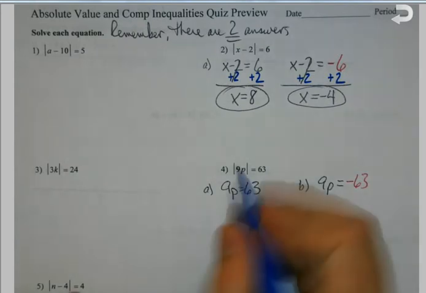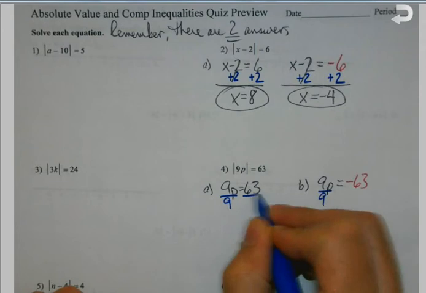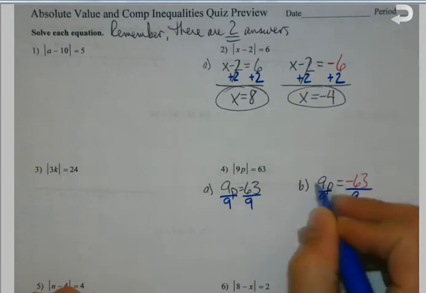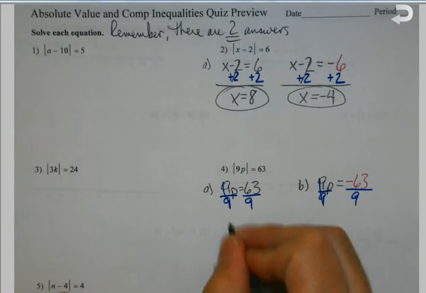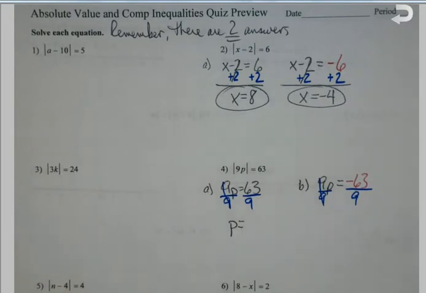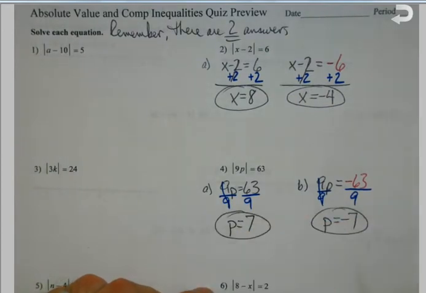So to undo my multiplying by 9, I'm going to divide by 9 to both sides in each of them. And I get that ready to go. So it's as straightforward as just basically changing the answer once my absolute value is by itself.